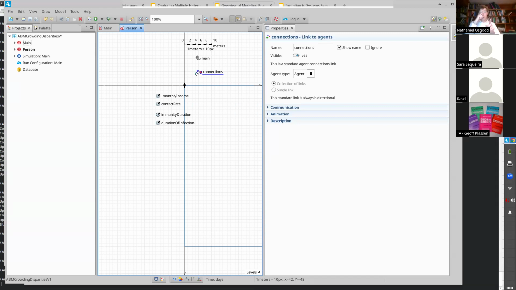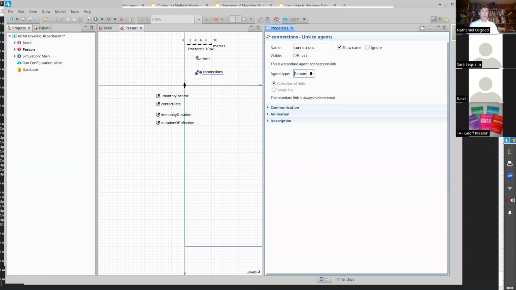Here we're in person, and we want to go to the characteristics of the person. The connections of a person can connect to others. We're going to set it so that they're connected to other persons, and that will simplify some of our life, the fact that we know their connections are all persons as well. You may ask, who else could it be? Well, our models may have many types of agents.